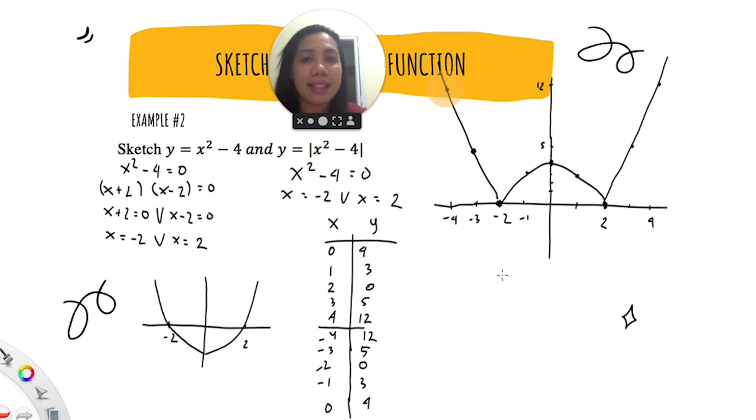What is the relation between this graph and this graph? This is a common parabola graph like this, but when we add the absolute value, pay attention that the part below the x-axis will be reflected upward toward the x-axis like this. Why?